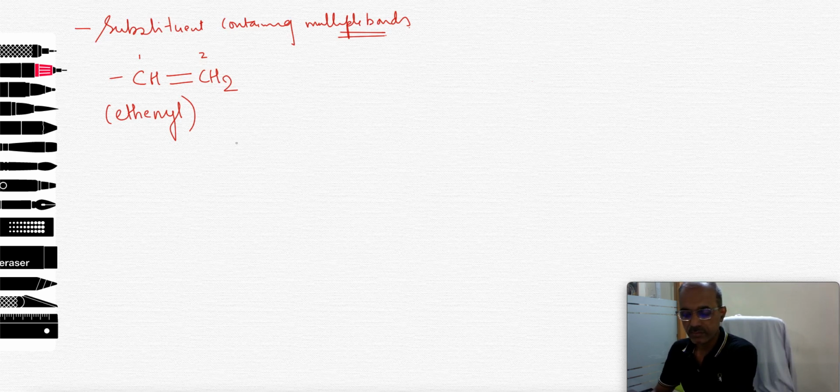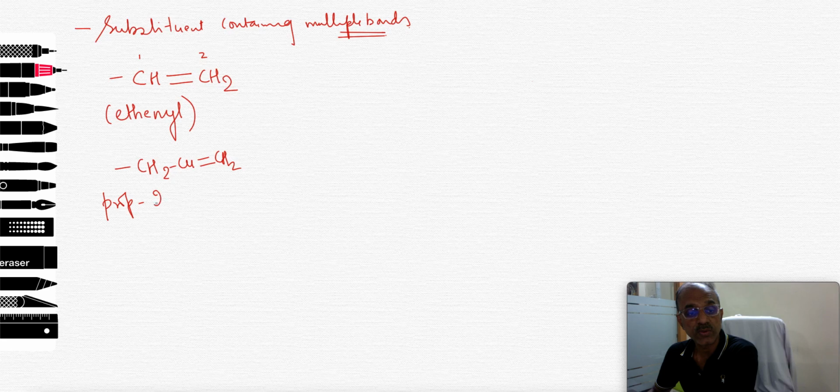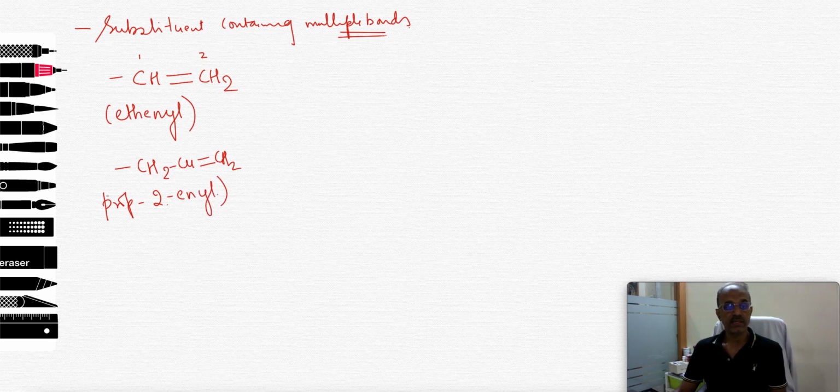Then CH2 dash CH double bond CH2, then it is known as prop-2-enyl, right?